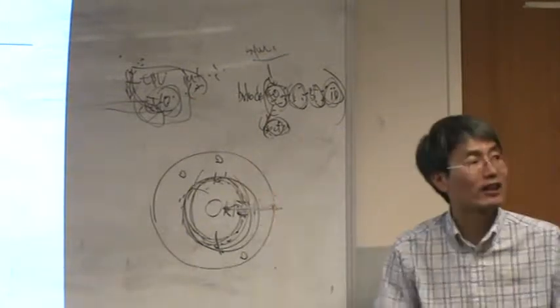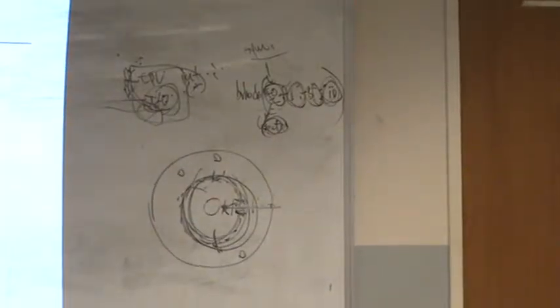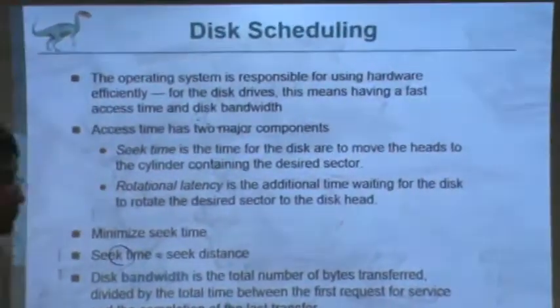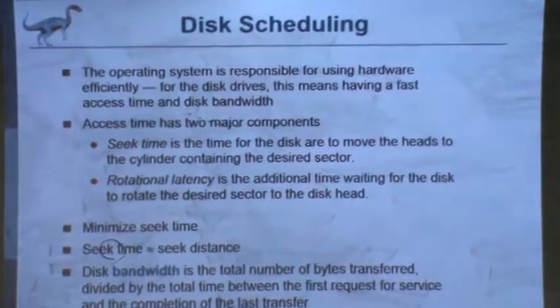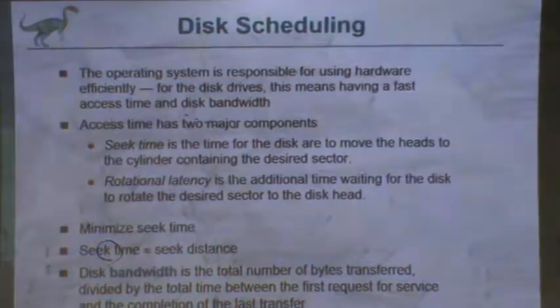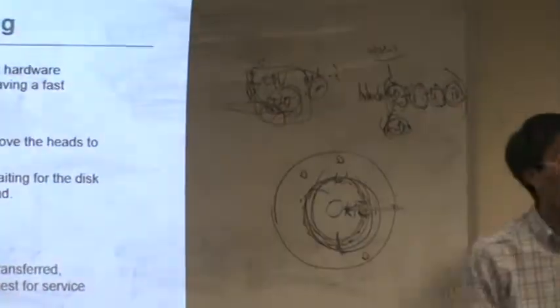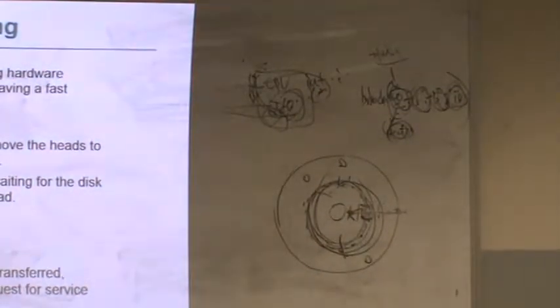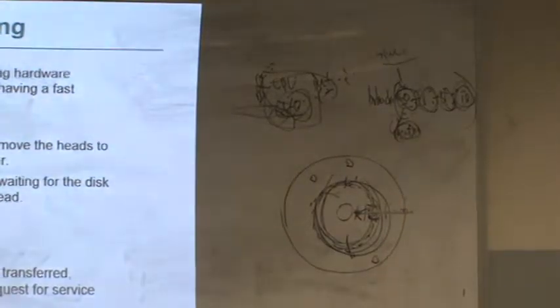That is called disk scheduling. But when we schedule, we are not going to consider the rotational latency because that is a small amount compared to the seek time, in other words, the speed of the disk arm.